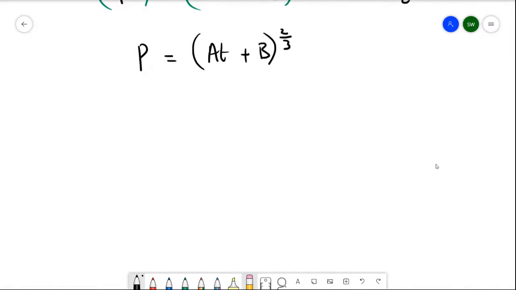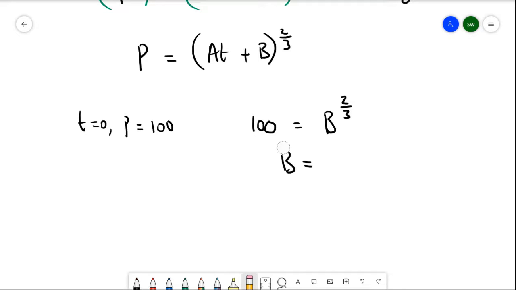Next I'm going to sub in when t equals 0, P equals 100. So 100 is equal to, at is going to be 0, so b to the power of 2/3. We can find out what b is by raising both sides to the power of 3/2, because if I times those powers together, we'll get b to the power of 1.